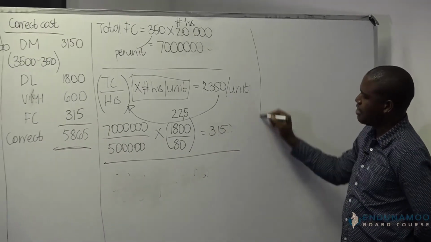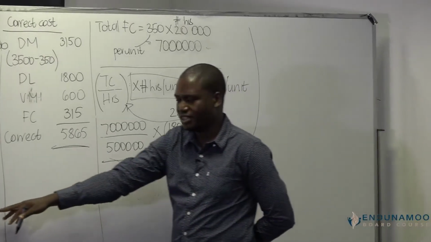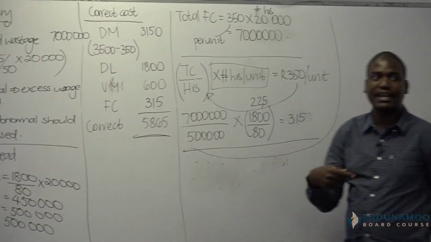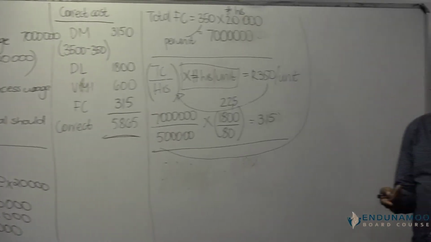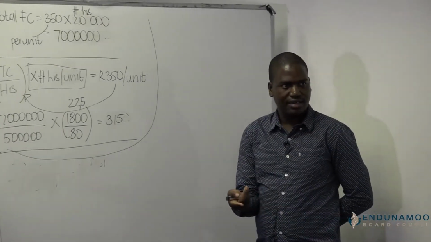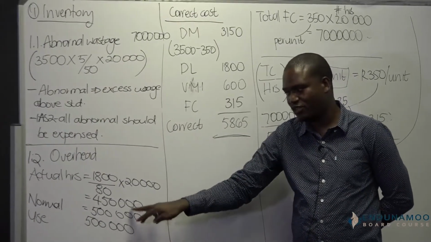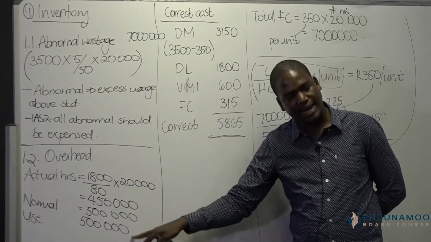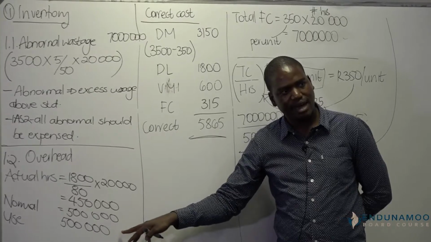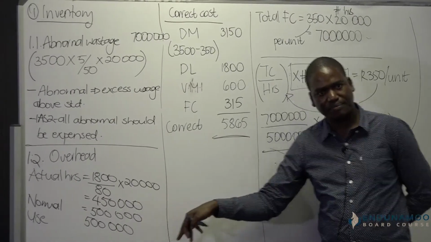So if you used the 450, it means you don't have over allocation. Do you understand? But in that instance, when we use 500 compared to 450, it means there's under allocation.